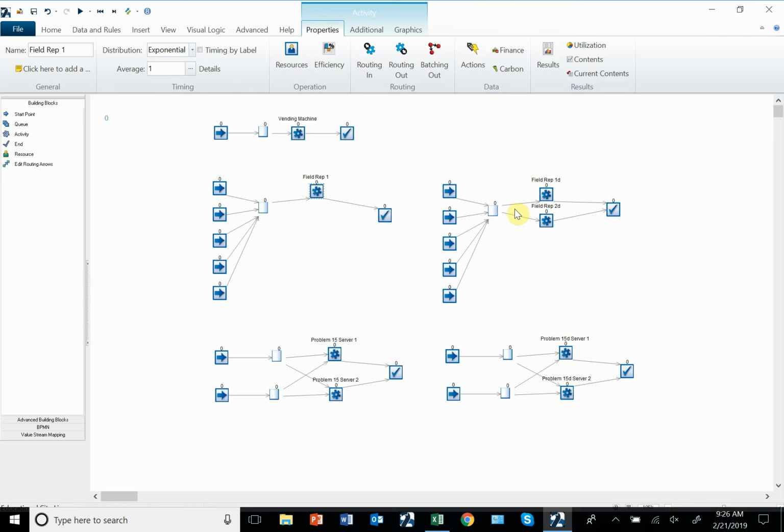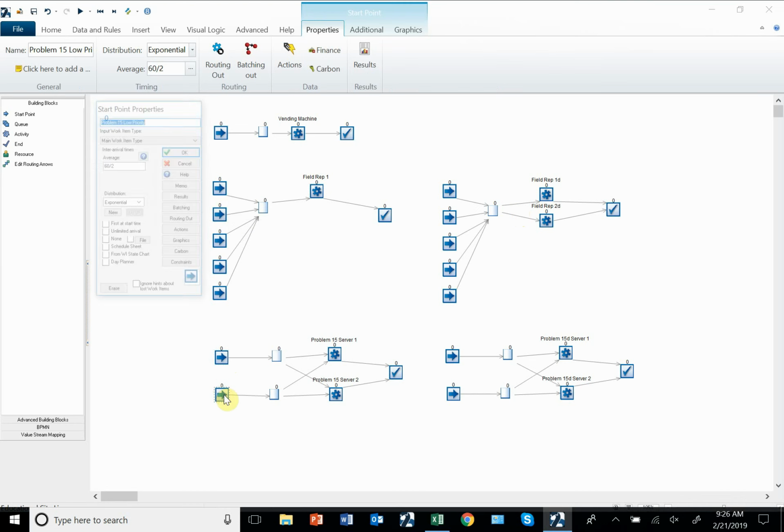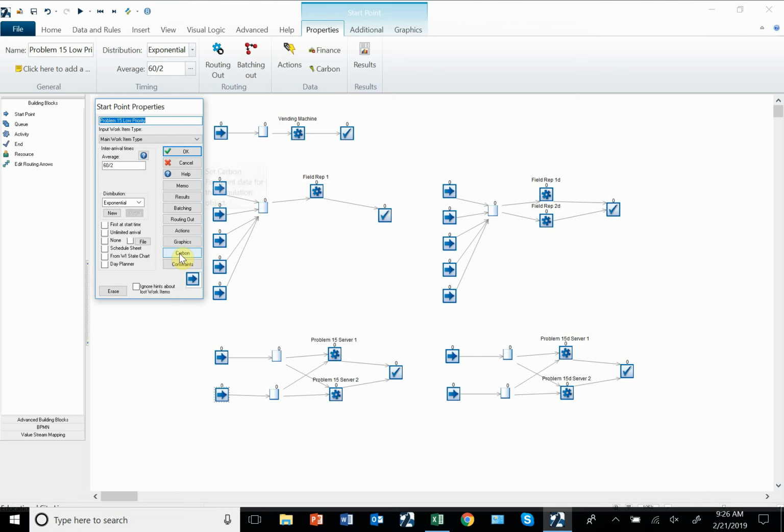And then the last problem, number 15, is a priority model where we have people that arrive every, I think, they're modeling these in hours. So this is 4 per hour, so I modeled it in minutes. So every 15 minutes, a high priority person requests something, and a low priority requests things 2 per hour or every 30 minutes.